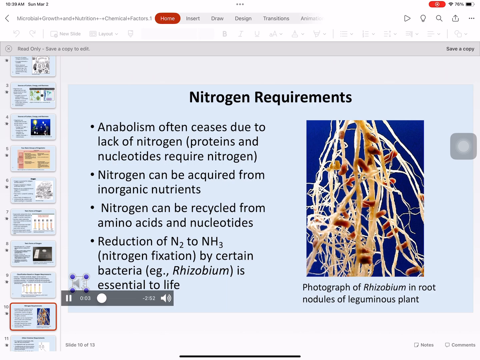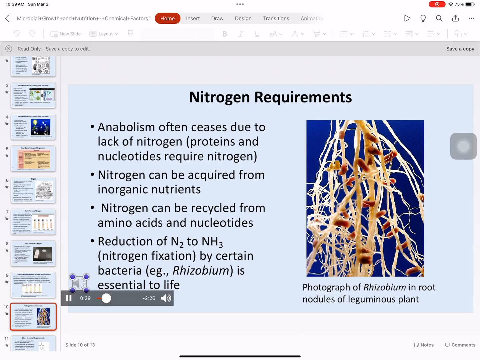In addition to requirements for carbon and hydrogen and oxygen and phosphorus and sulfur, organisms require nitrogen. And oftentimes, anabolism will cease, come to a stop, due to a lack of nitrogen.